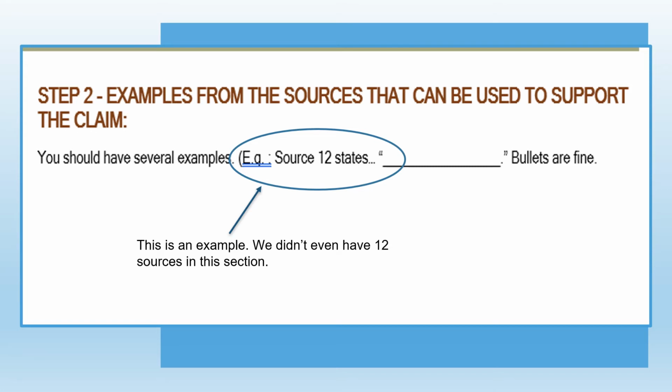So if a source shows that that's true, you're going to put it here, and how does the source show that it's true? So you cannot just state source 7, right? Some of you literally copied source 12 states, and we didn't even have 12 sources in the last one. So this is an example. You're going to write the source number and what it says that confirms or proves that the claim is true.